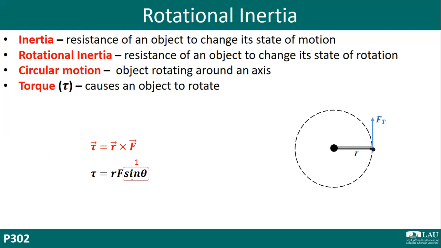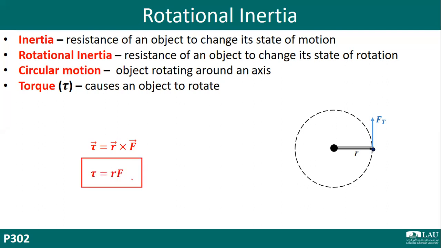So in this case, F should be perpendicular to r. What does it mean, F perpendicular to r? F is tangent to the path. So when we apply a force tangent to the path, we obtain the maximum value of the torque, and the torque in this case is simply F times r.